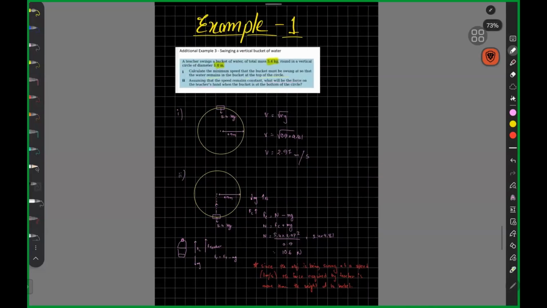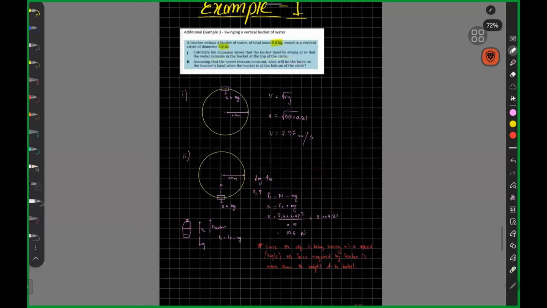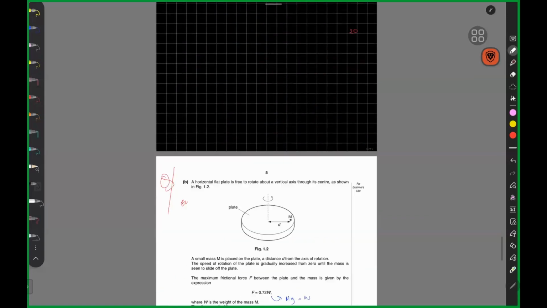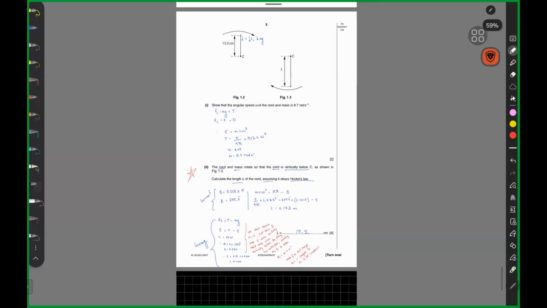This is a question that you can take a screenshot of and try and solve for yourself. It's probably from the book. Other than that, these are the two questions that I had given you guys. If you have any question with these two, you can let me know.